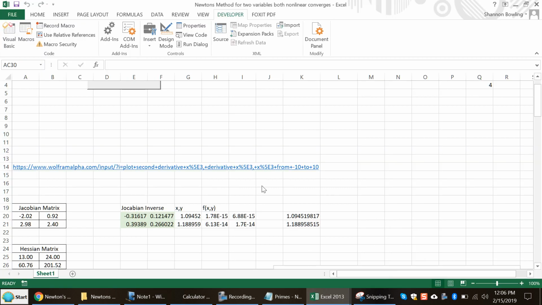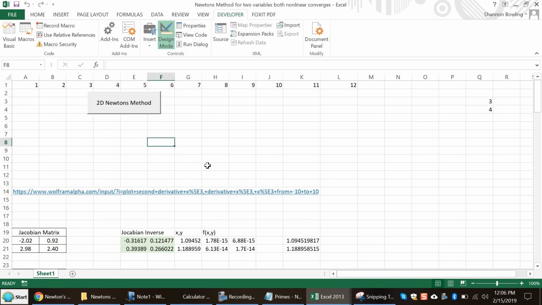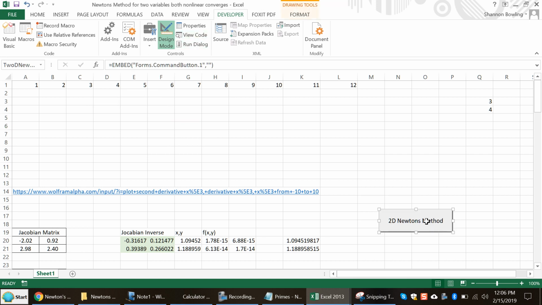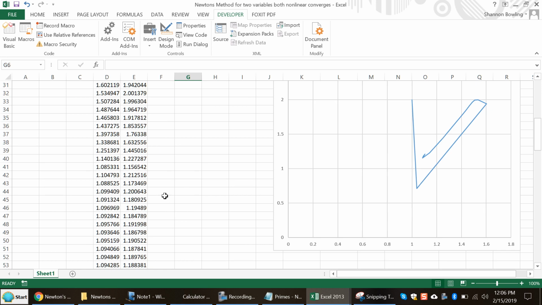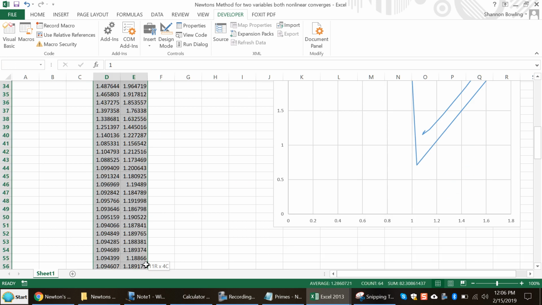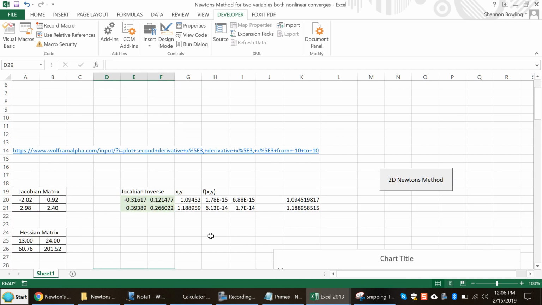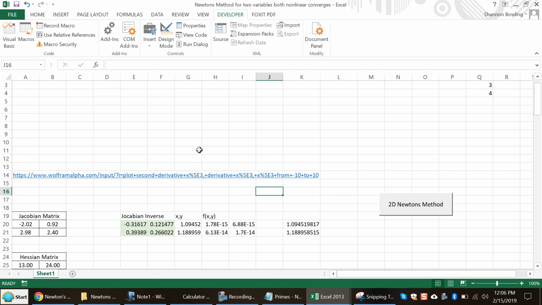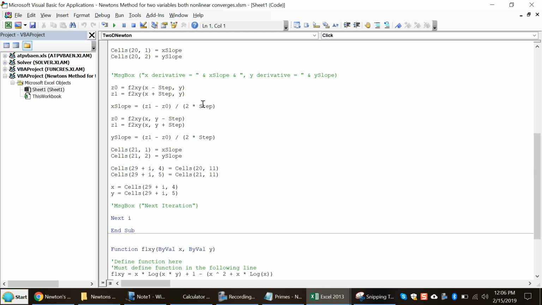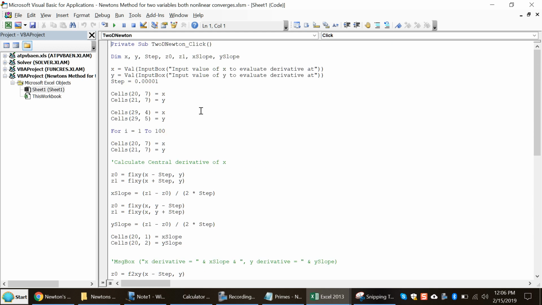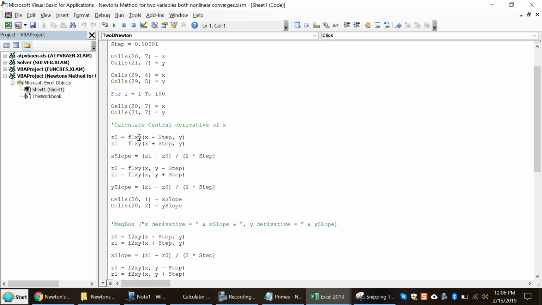So what I did in this particular case is I actually used a for-next loop instead of the do while.